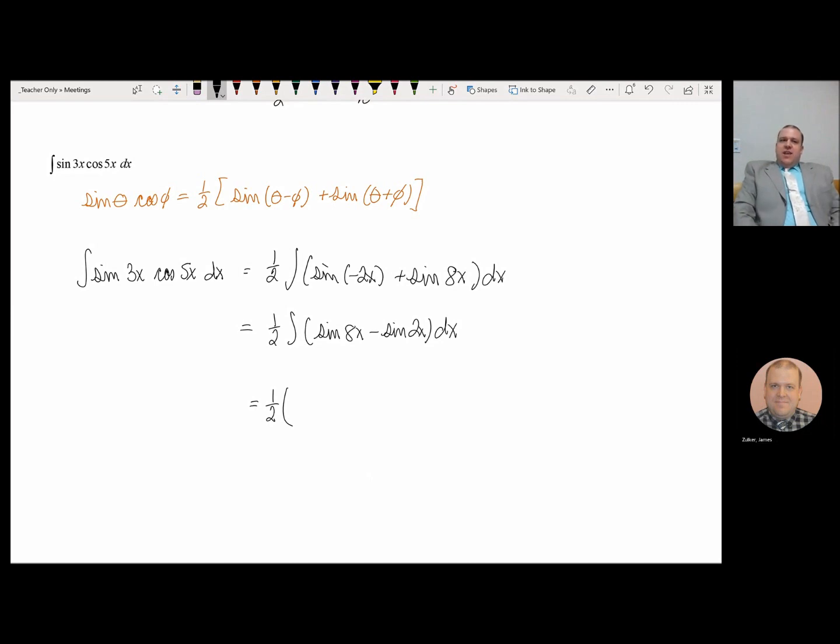Antiderivative of sine of 8x. So what's the antiderivative of sine of x? What is it? Negative cosine. So antiderivative of sine of 8x would be negative 1/8 cosine of 8x.